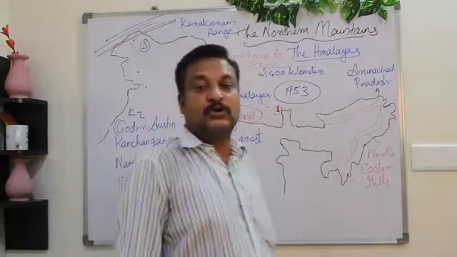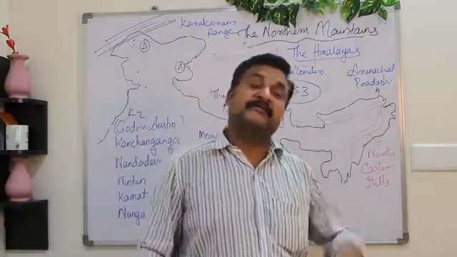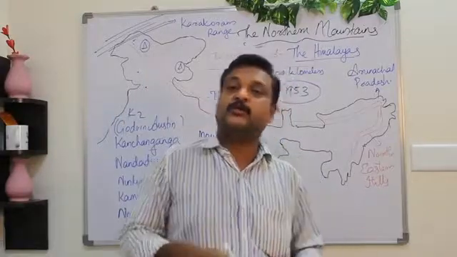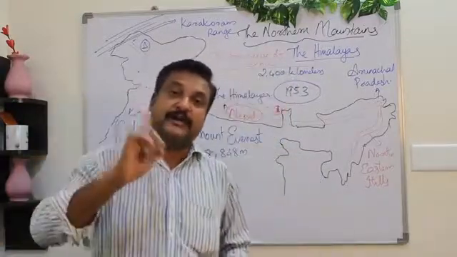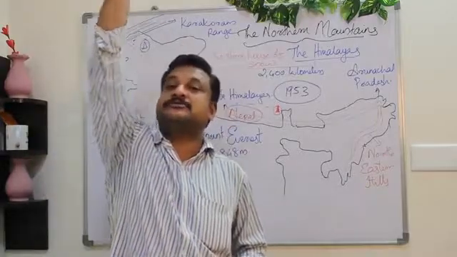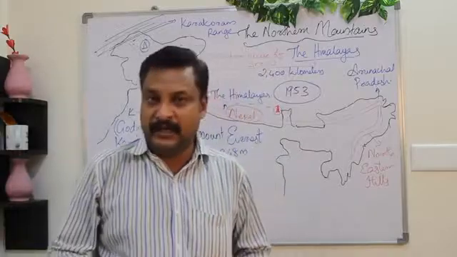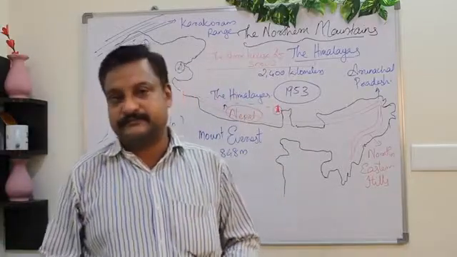Okay? So a lot of people had tried even before that to reach the top of Mount Everest, but usually they couldn't. The first man to reach the highest peak of Mount Everest is Edmund Hillary. He is from New Zealand.